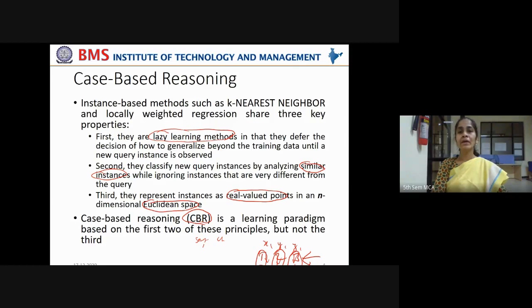So case-based reasoning is a method in which the first 2 principles are followed, meaning lazy learning and similar instance comparison, but it doesn't restrict the values of the attribute to numerical values. It also works with categorical values.